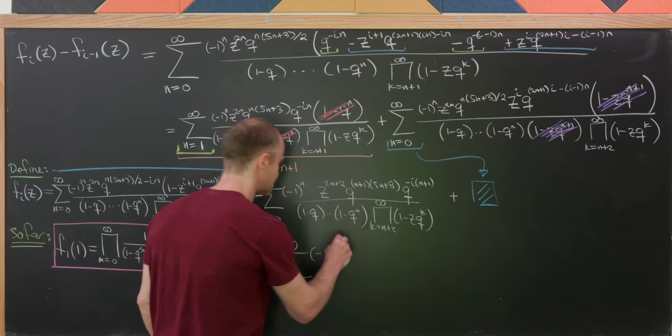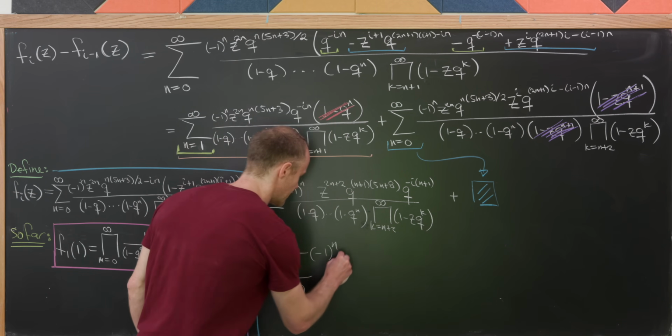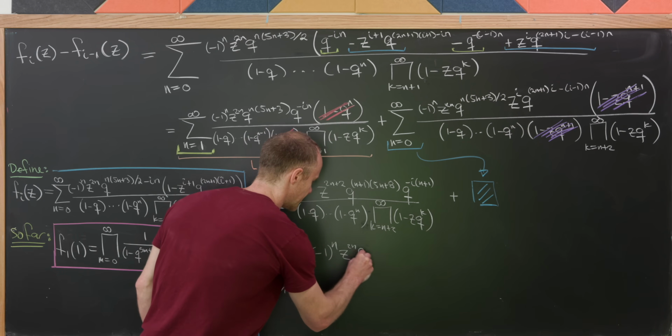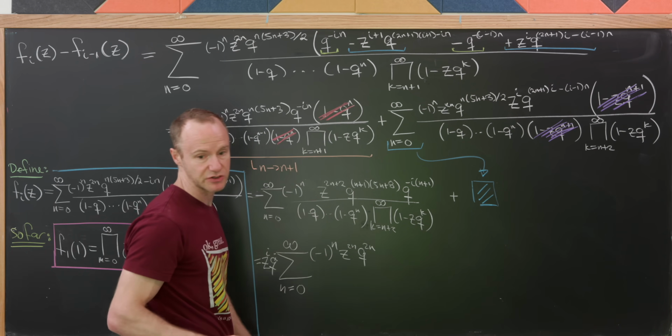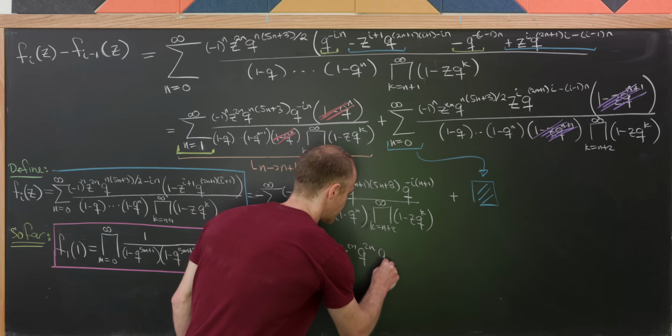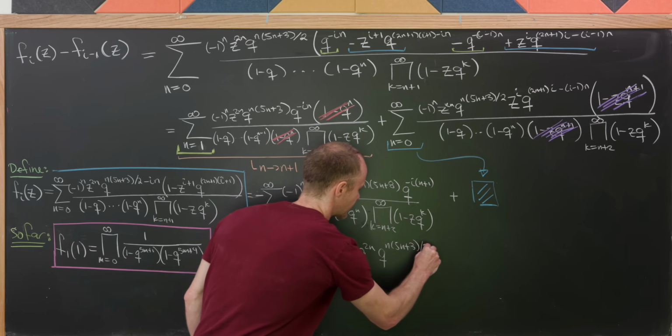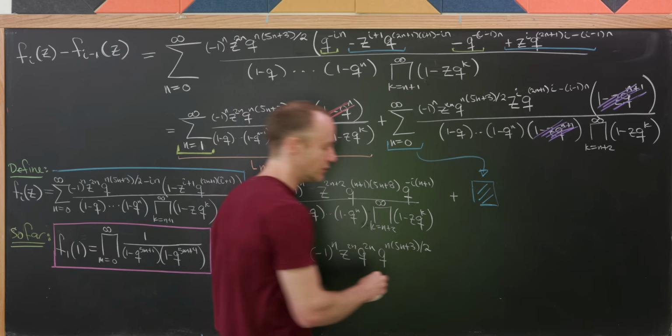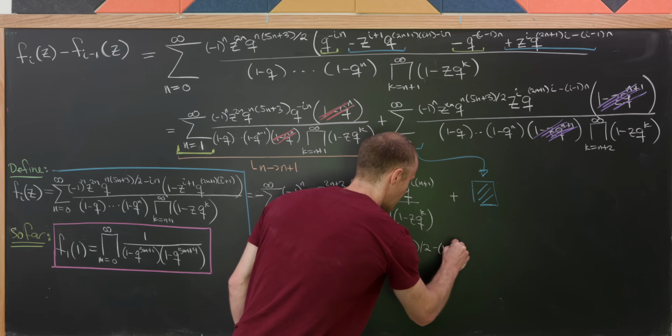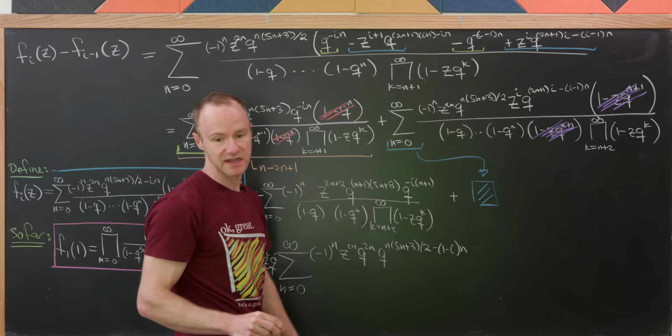So we have a minus 1 to the n, and then a z to the 2n times a q to the 2n. And then we'll have a q to the n times (5n plus 3) all over 2, minus i times n.